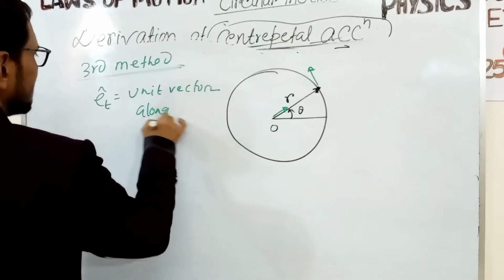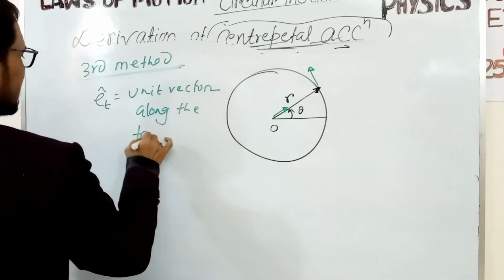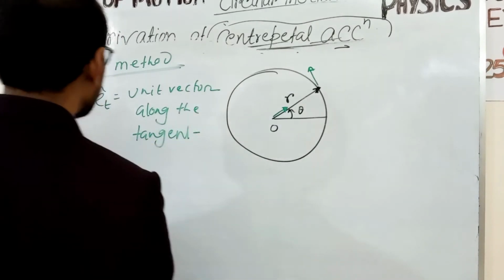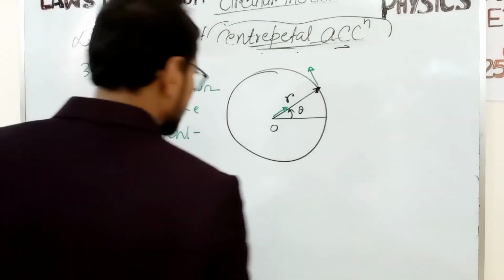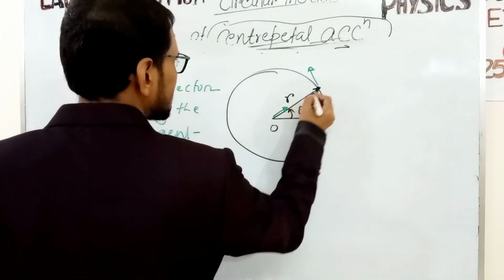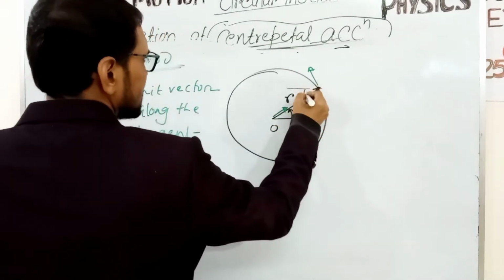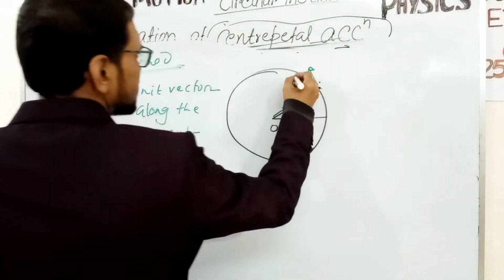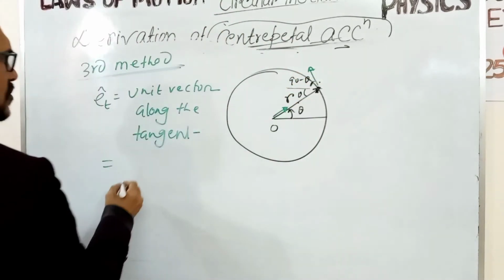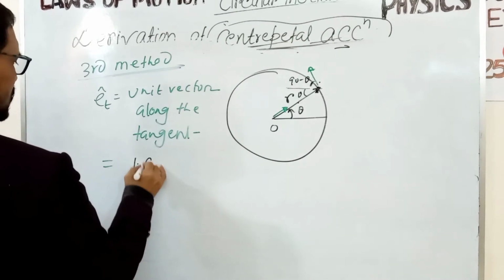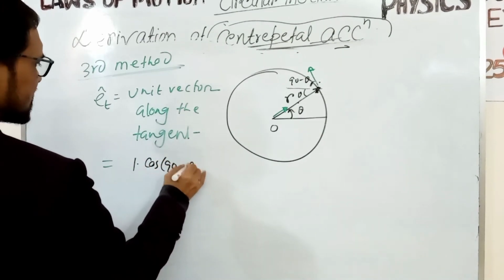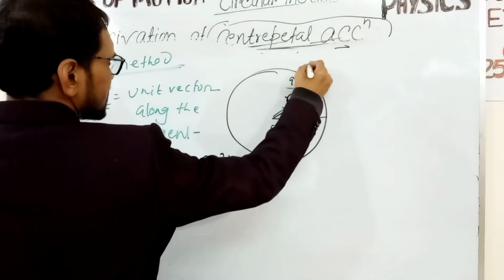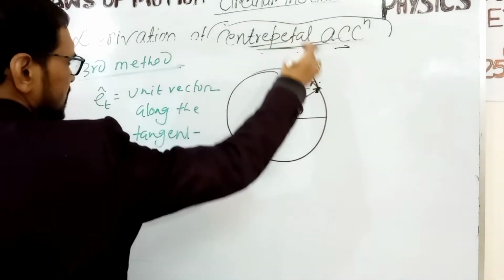So we find et, the unit vector along the tangent, which is a unit vector, the magnitude is this one. So if this angle is theta, now this angle is theta, so this angle is 90 minus theta. So et equals 1 into cos(90 minus theta), in the minus i direction, because this is the tangential unit vector.